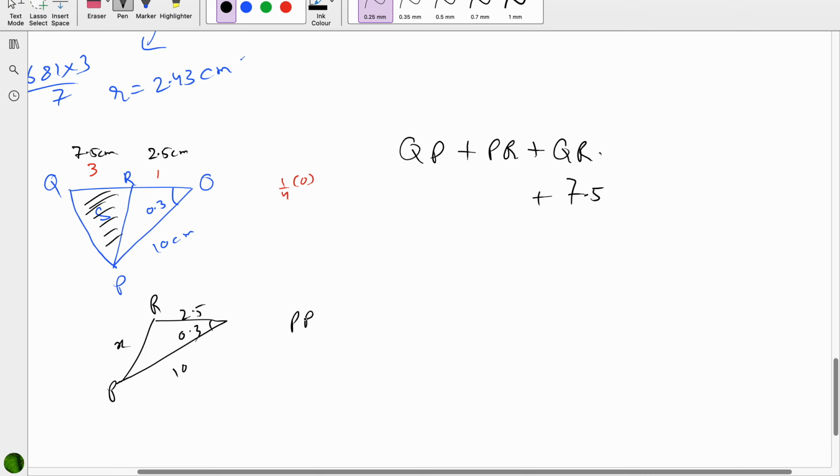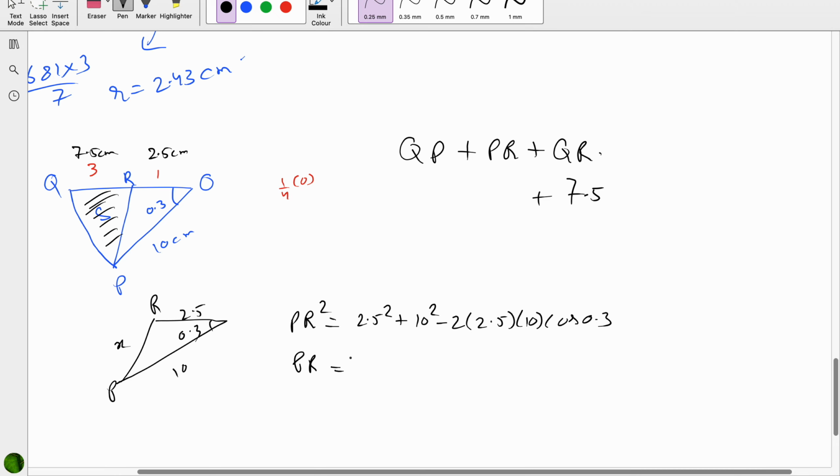So PR squared is equal to 2.5 squared plus 10 squared minus 2 into 2.5 into 10 into cos of 0.3, which is 58.